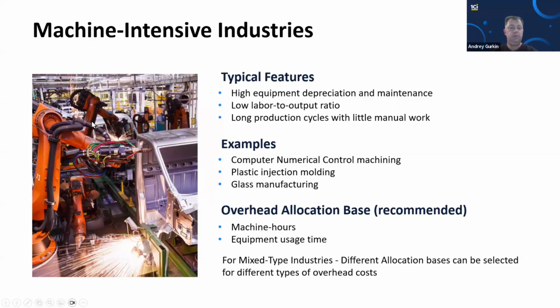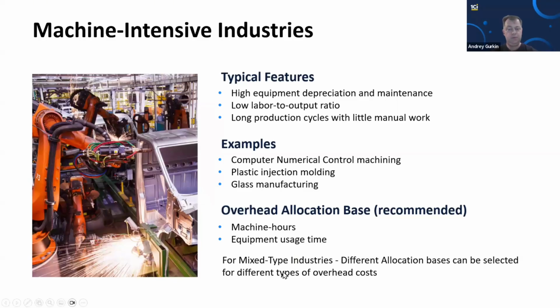Examples here: you can see this beautiful picture. First of all, we cannot even see humans here. Of course, we have materials, but maybe the depreciation cost of those robots is too high. So that's why it's a good example. And those kinds of companies use machine hours or equipment usage time.